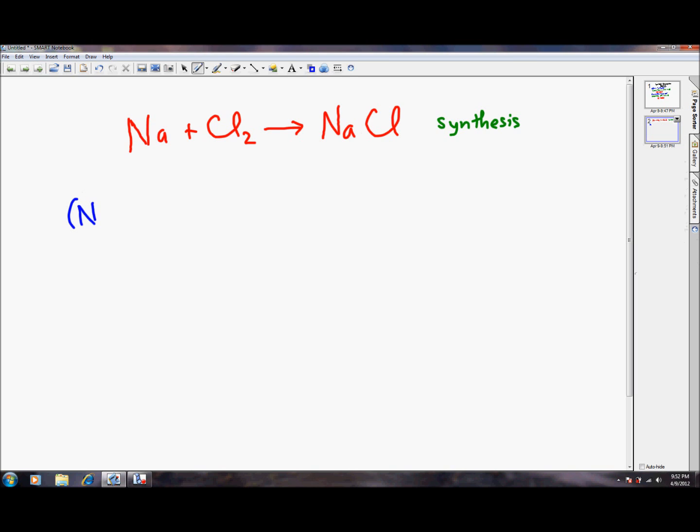Okay, here's an example of a decomposition reaction. This compound is called ammonium dichromate. These are two polyatomic ions. Okay, when it breaks apart, it makes chromium(III) oxide, nitrogen gas, and water.